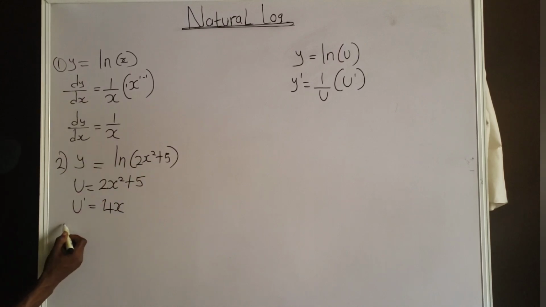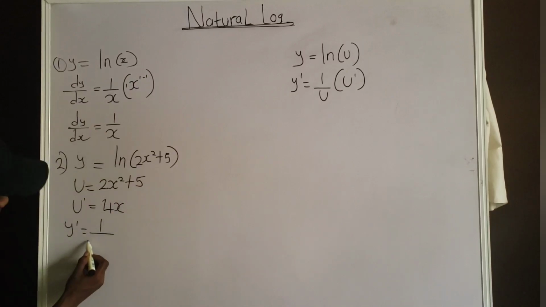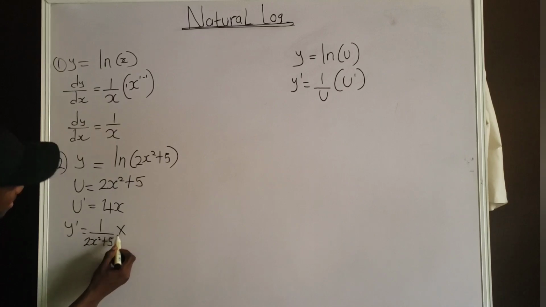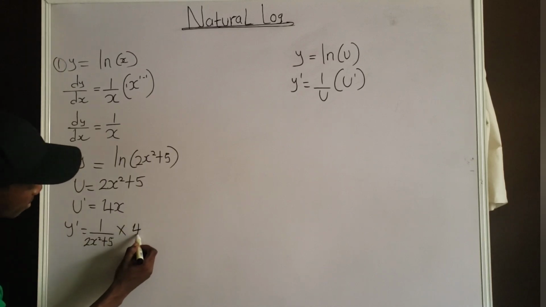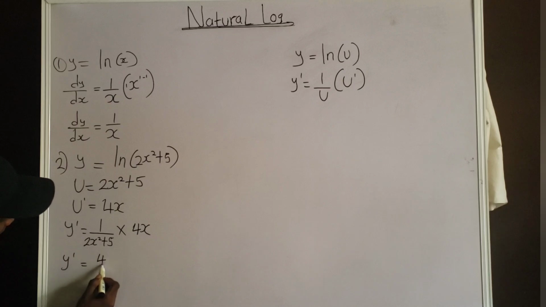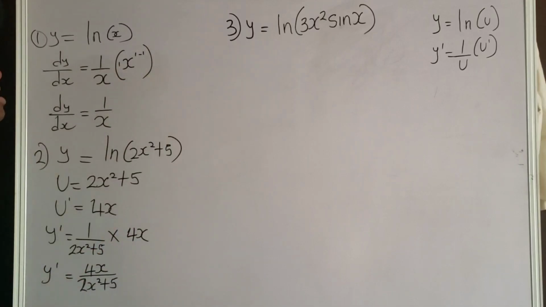So the derivative of y is 1 over 2x squared plus 5, multiplied by the derivative of u, which is 4x. So the derivative of y is 4x over 2x squared plus 5.